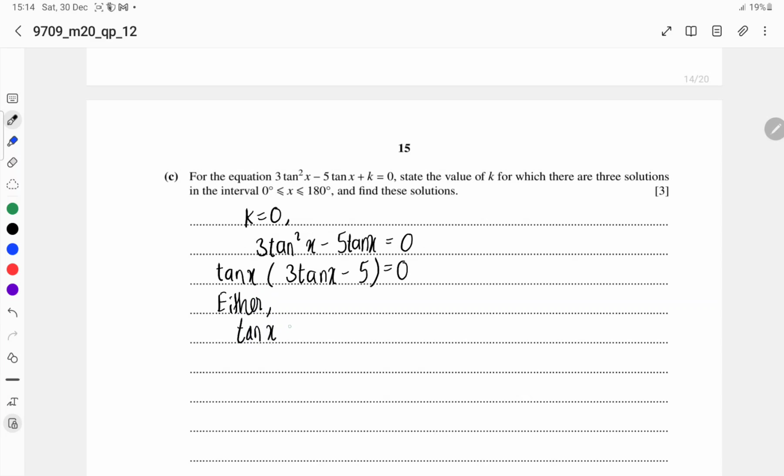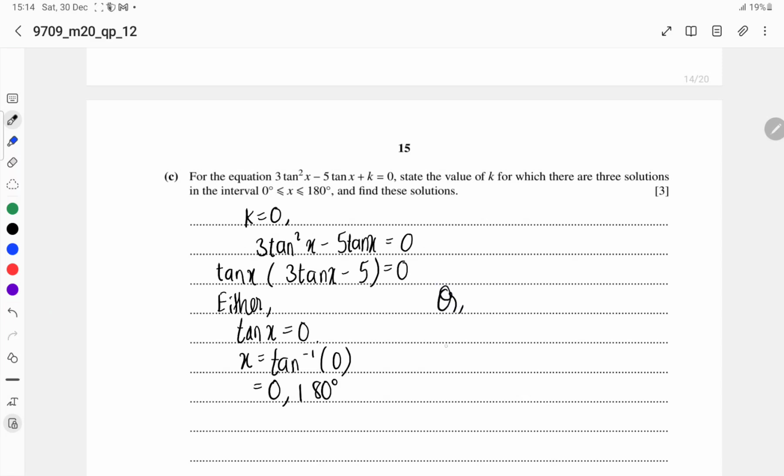So either tan x will be equal to 0, and then x will be equal to tan inverse of 0. So this gives 0 and 180 degrees. Because of this reason I have taken k equals 0, so that tan x can be equal to 0, and we can get two values from this.